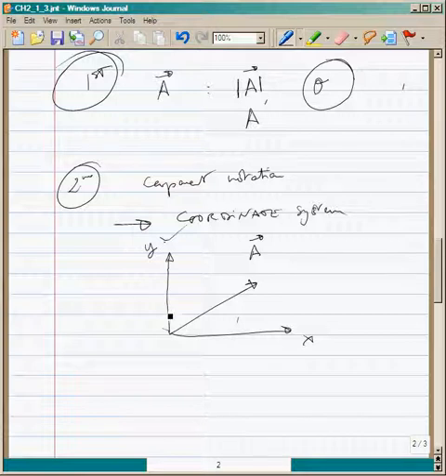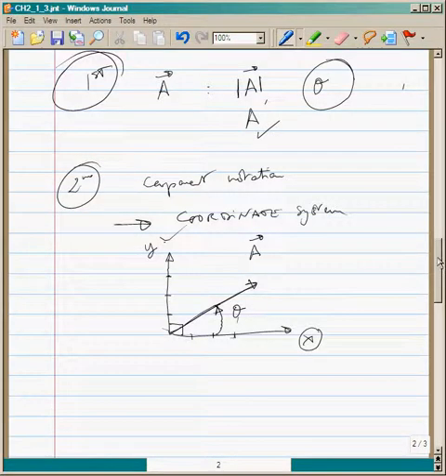For simplicity, we'll choose orthonormal, which means that x and y are perpendicular to each other, and the scale is the same on both axes. So if you do this, you can just take your ruler, measure the length of your vector, this will be your magnitude, and then the convention is to measure the angle from the positive x-axis going counterclockwise, and this will be your angle theta.